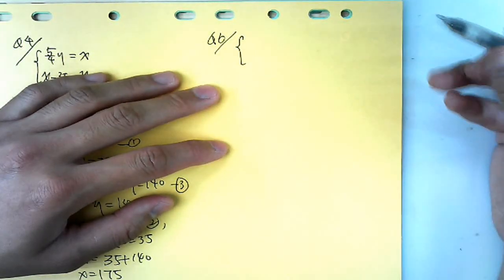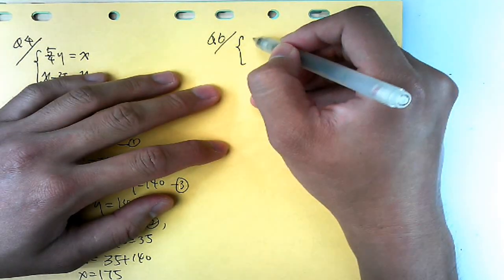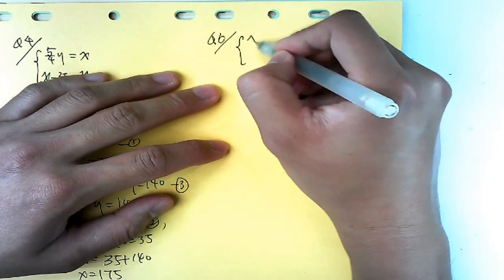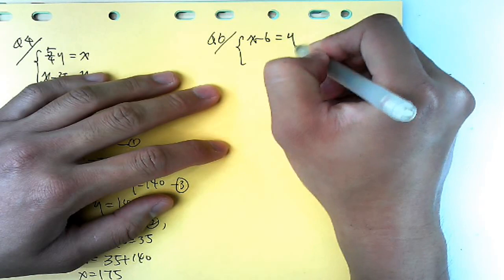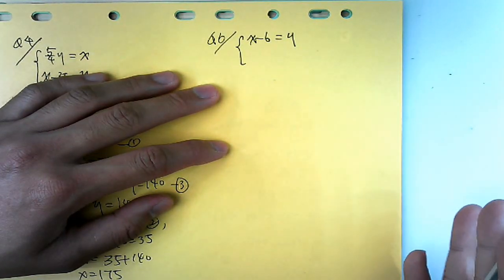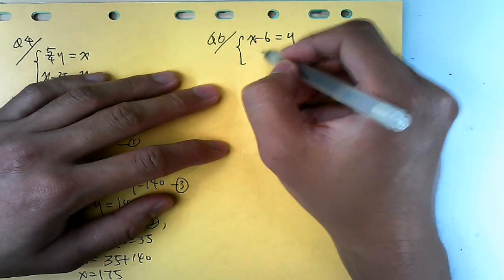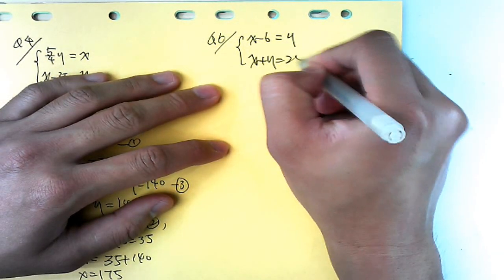The first one is boys are 6 more than girls. So you do the boys minus 6 equals girls, or girls plus 6 equals boys. Understand? And next, 24 students in total, so X plus Y equals 24.